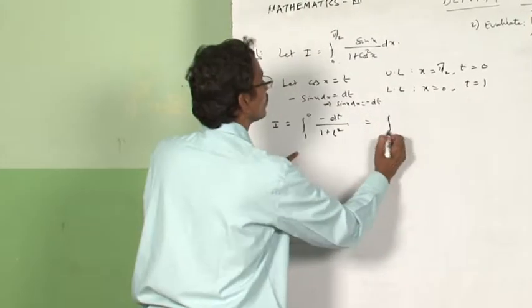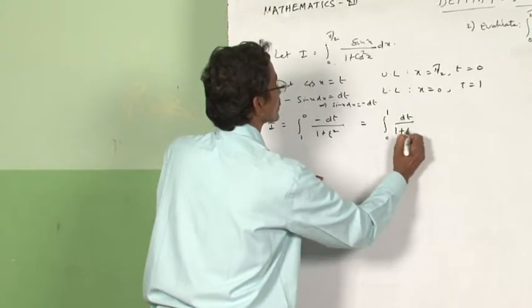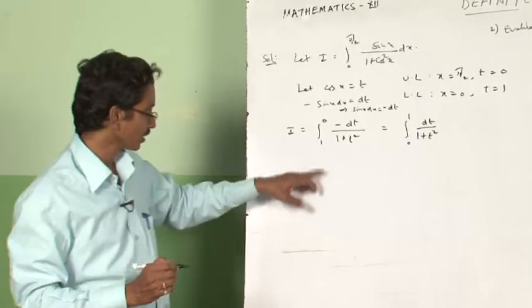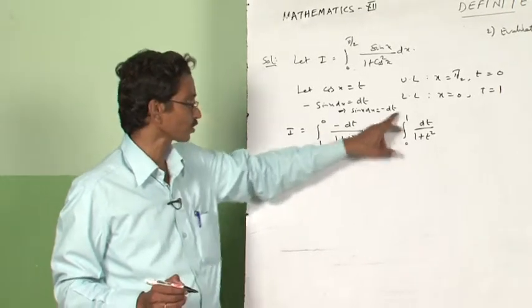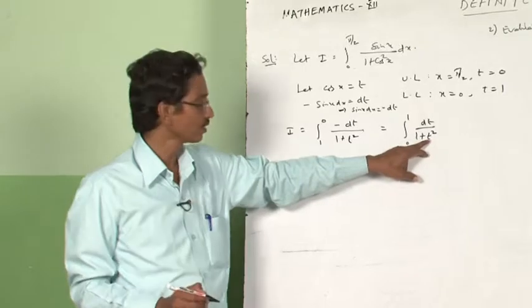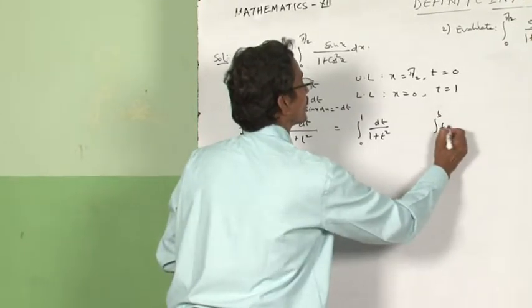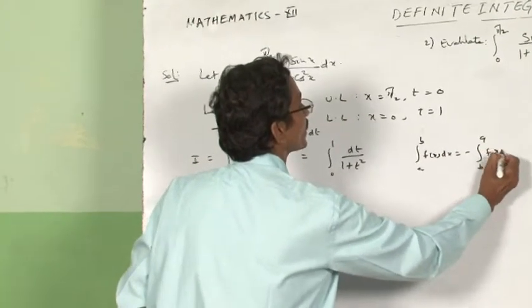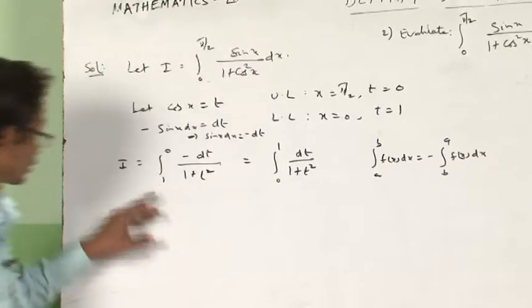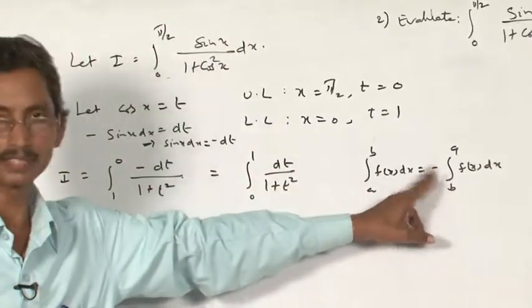So, this is equal to the integral from 0 to 1 of dt by 1 plus t square. Can you say why I write the integral from 1 to 0 of minus dt by 1 plus t square as the integral from 0 to 1 of dt by 1 plus t square? I used the property that the integral from a to b of f(x) dx is equal to minus the integral from b to a of f(x) dx. So, 1 to 0 can be written as 0 to 1 by changing its sign.